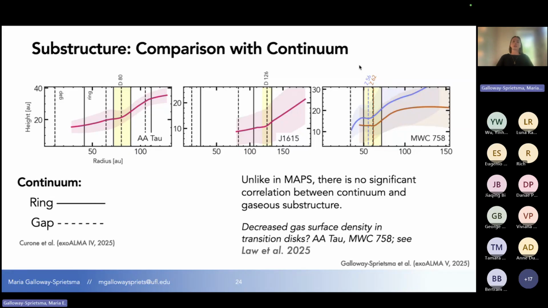So this is a divergence from what the MAPS results found. We actually don't see a huge correlation between the continuum substructures and the gas substructures that I identified in the previous plot. The three exceptions to this are these three disks I've plotted here, AA Tau, J1615, and MWC 758.